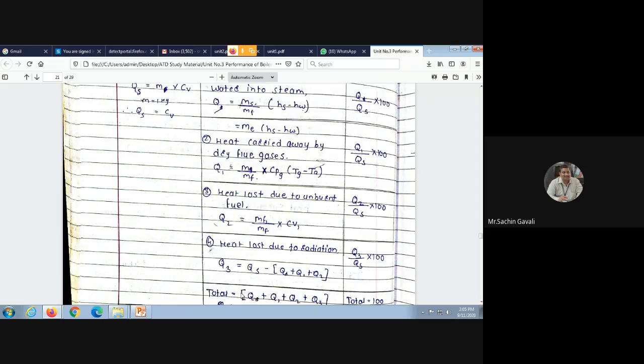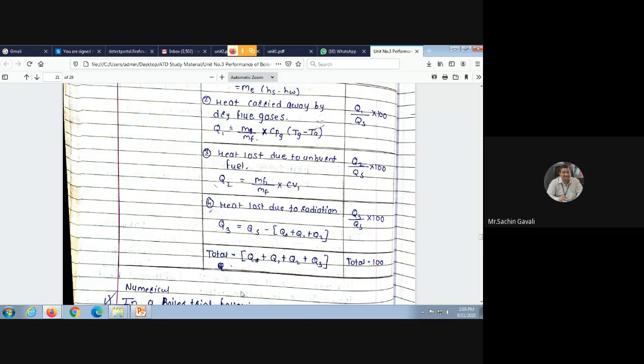Then we always have to consider the last loss, whether or not they give information, because it can only be calculated by heat balance. So QS minus, in bracket, Q plus the summation of all remaining losses will give the formula for Q3, heat loss due to radiation.